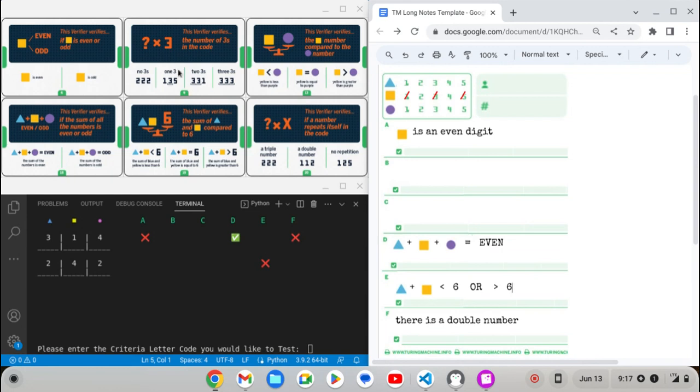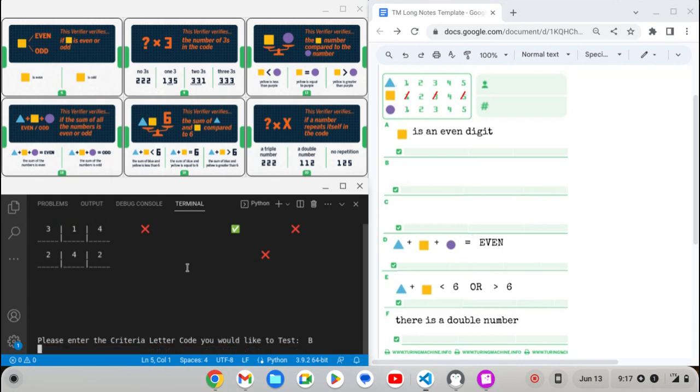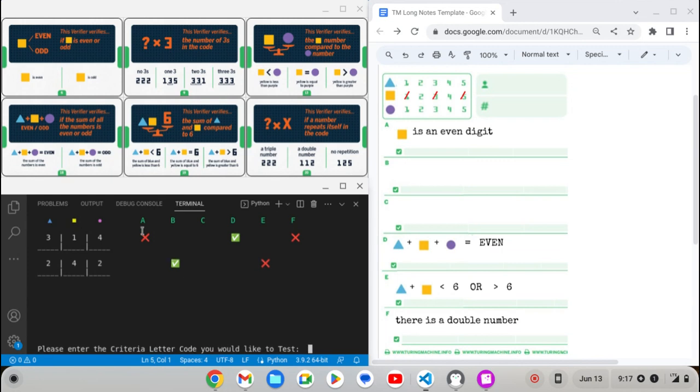All right, well, let's just go ahead and test criteria card B. Okay, so that is correct, there are no 3s. So let me put that in our notes, that there are no 3s, and then cross out all the 3s.